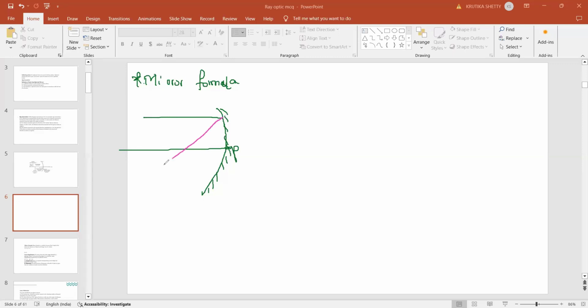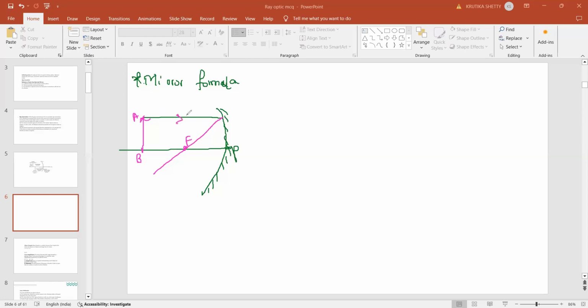The reflected ray is passing through the focus. Here we are taking one more incident ray. This is AB, the object which is placed in front of the mirror.